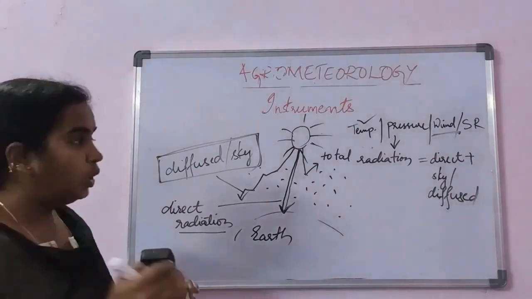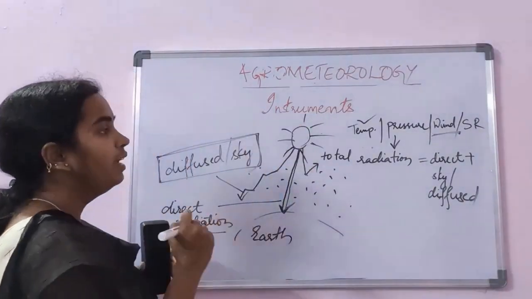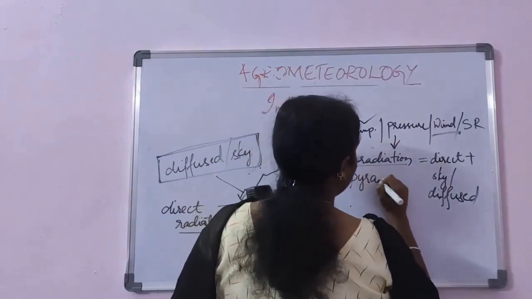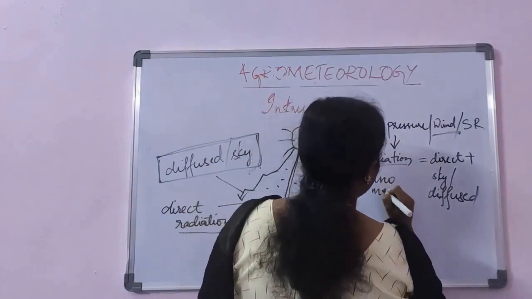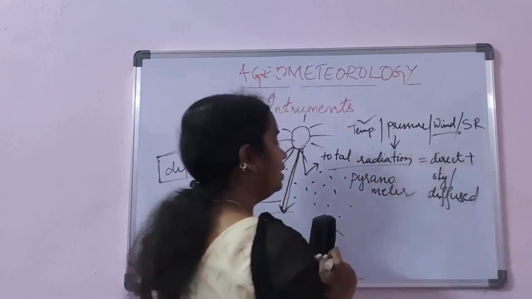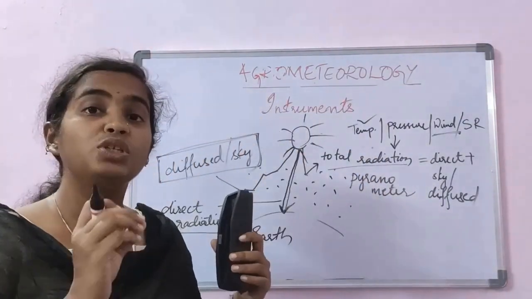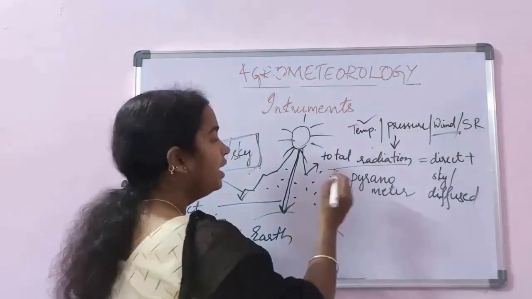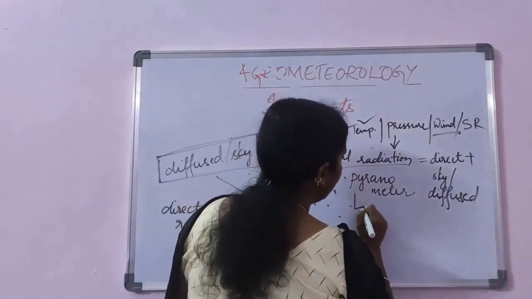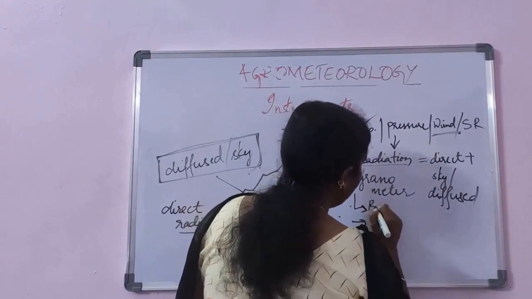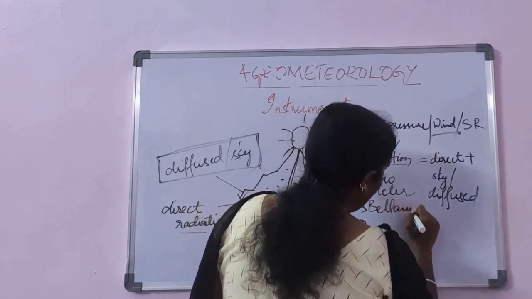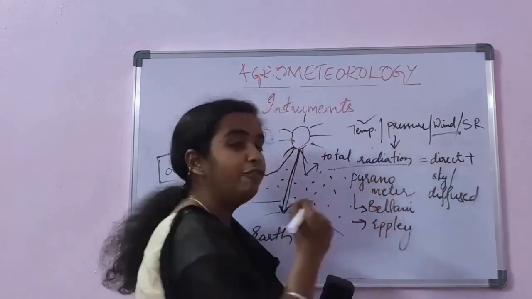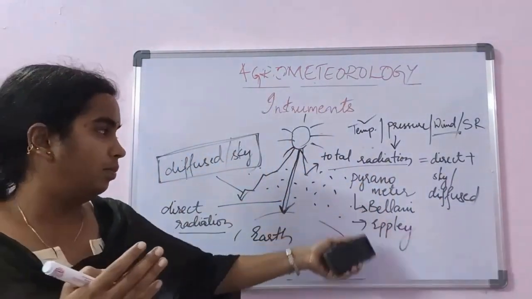Now for total incoming radiation, we have an instrument called the pyranometer. This is one which is used for measuring the total incoming radiation. Here again in pyranometer we have different types. One is Bellani, one is Eppley, and there are different types of pyranometer.